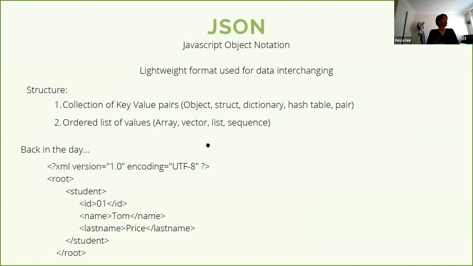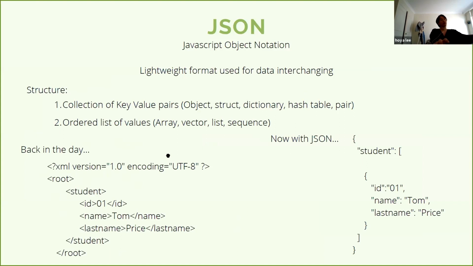Back in the day, we used to use XML, which is pretty hard to read. These two things basically represent the same thing, but this one is just more readable and more organized. So that's why we use JSON.